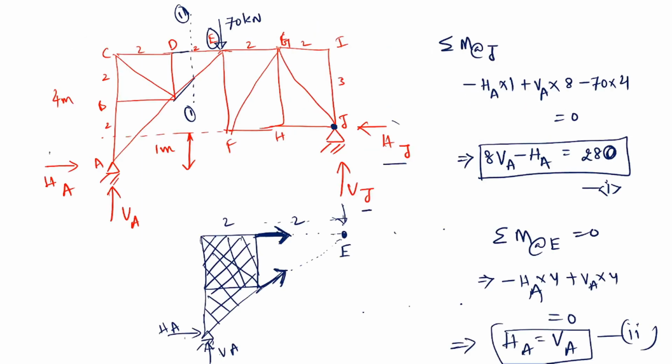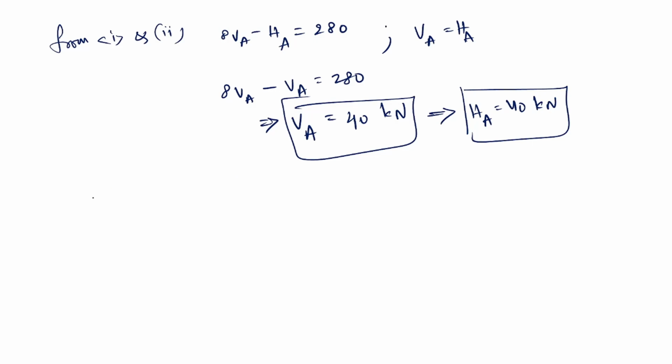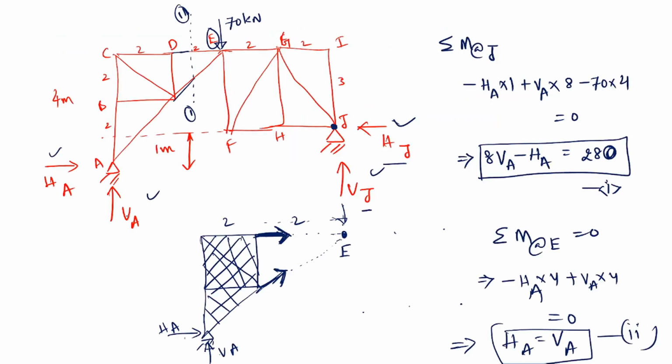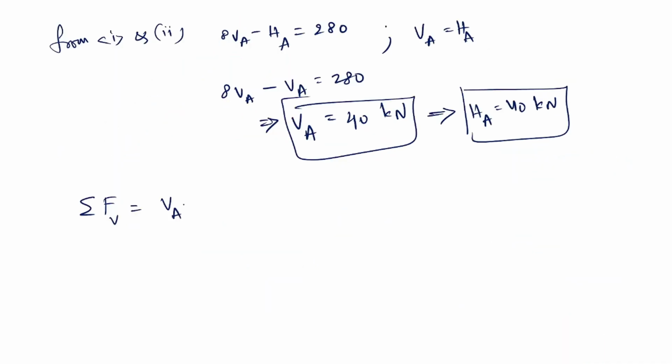Now I found two reactions, but the other reactions I also have to find out. How? You take the summation of all vertical forces: VA plus VJ minus 70, because upward forces are positive, downward forces negative. This is the equilibrium equation for the total body.